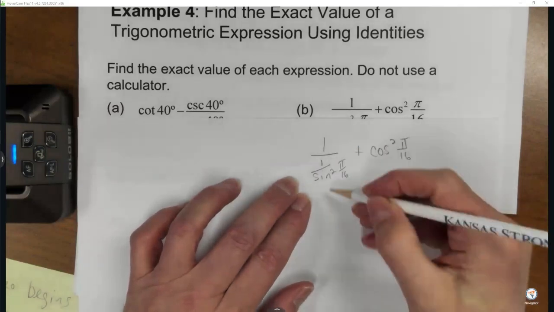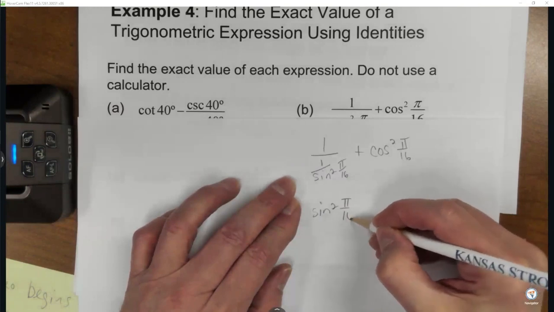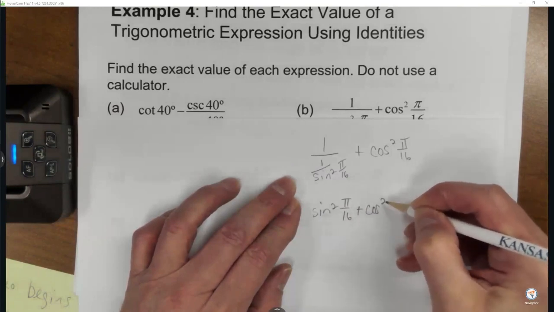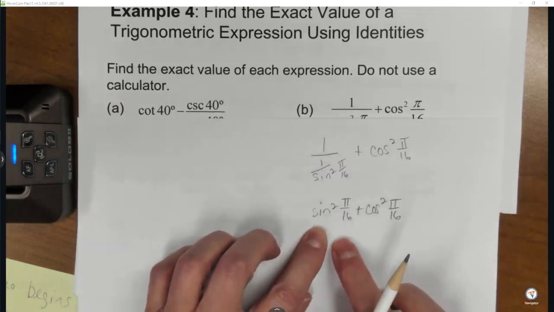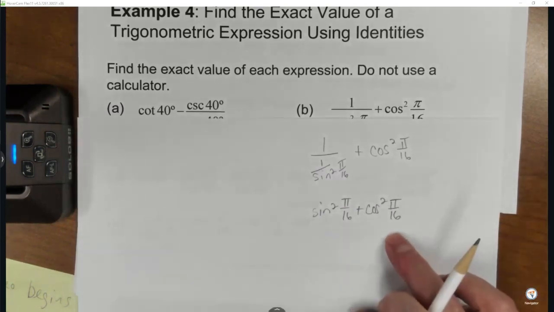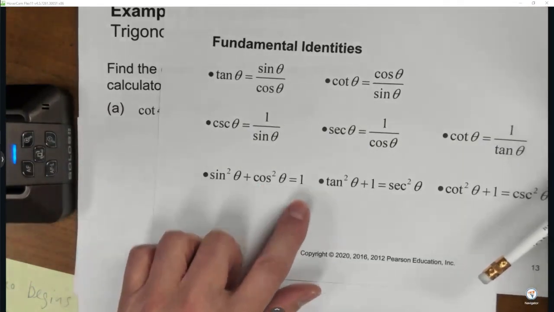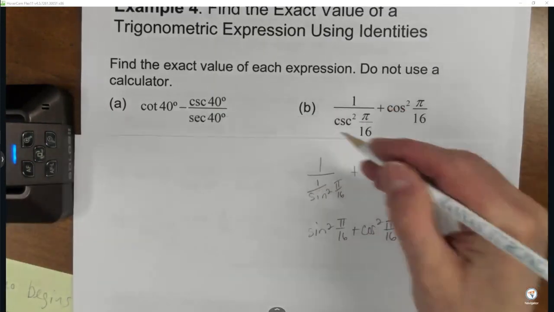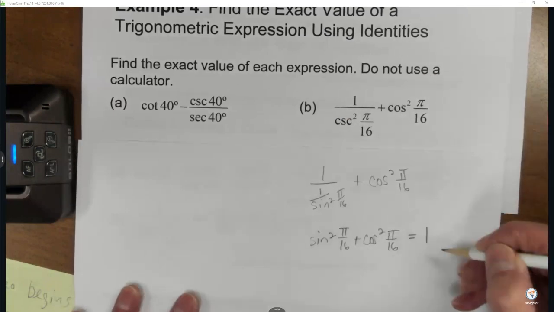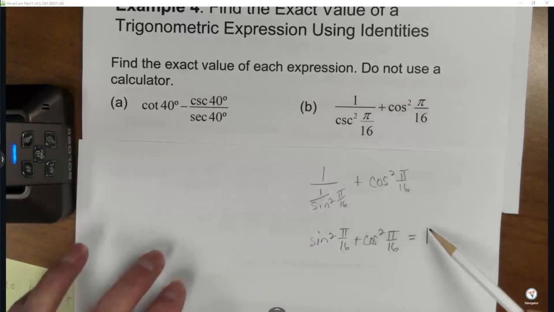I'll flip that up on top, so we get sine squared pi over 16 plus cosine squared pi over 16. And we really recognize that this is from the first fundamental Pythagorean identity that says sine squared theta plus cosine squared theta equals 1. So the entire expression we started with is just a kind of hard way to write the number 1.